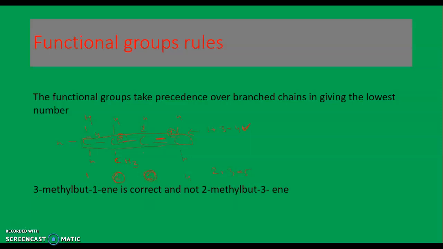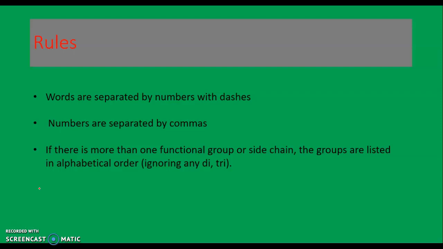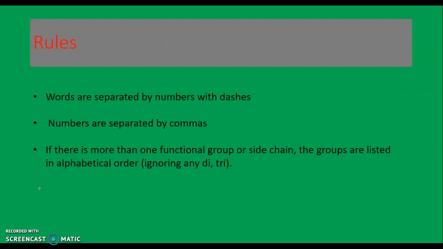And notice here, between the number and the name is a dash. If more than one functional group is present, you would use di and tri, and you will not remove the e from the name. Words are separated by numbers with dashes.